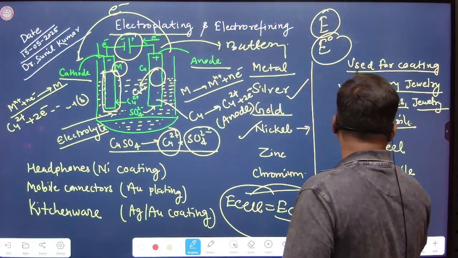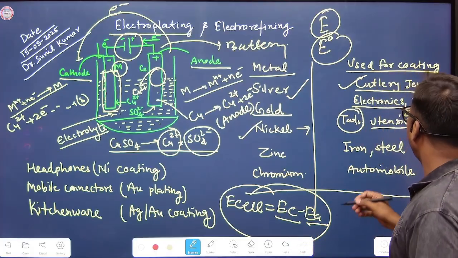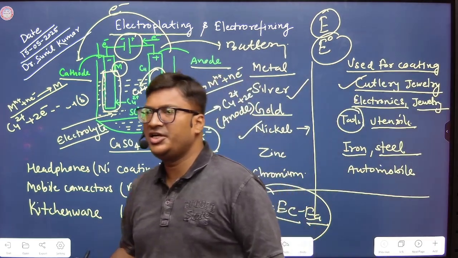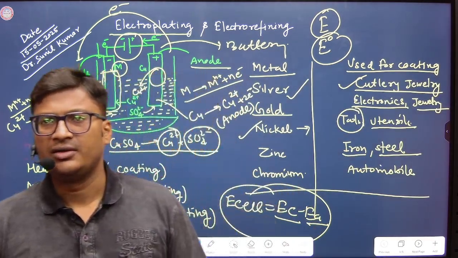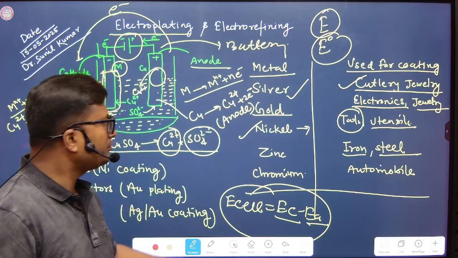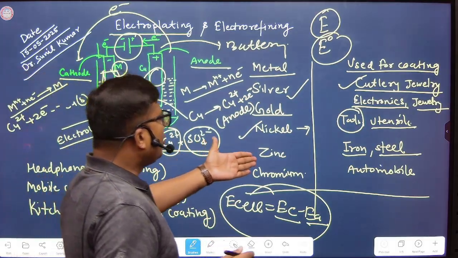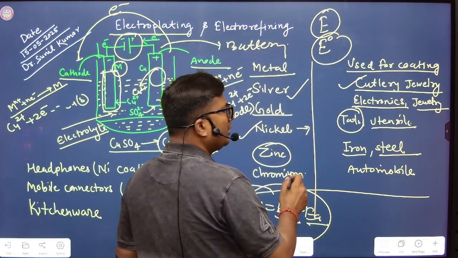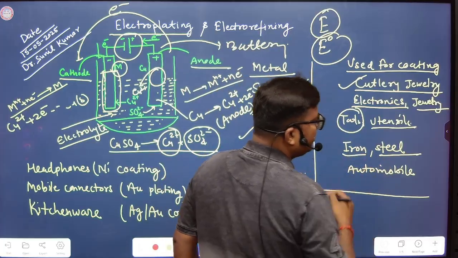And zinc is electroplated on iron or steel, because zinc is corrosion resistant, right? In the electrochemical series, zinc is below iron and steel.